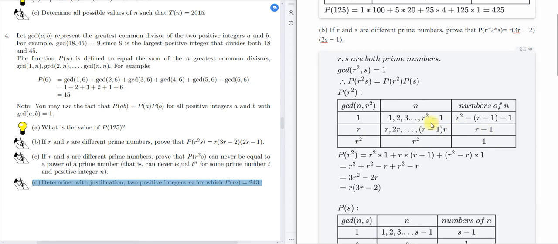So R minus 1, and for this one, it left R squared numbers from 1 to R squared, minus these.